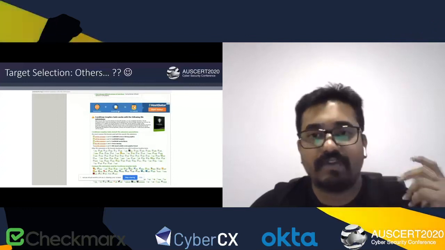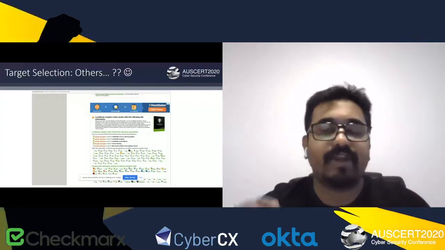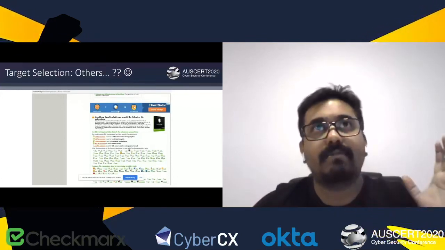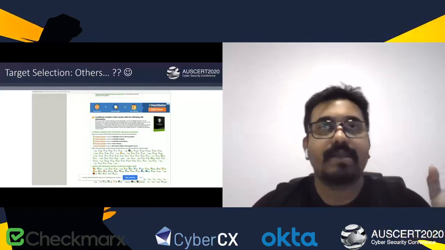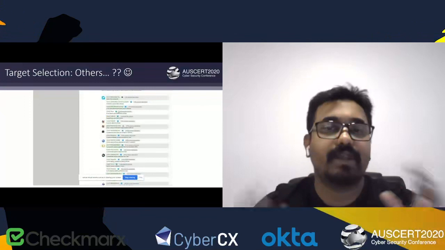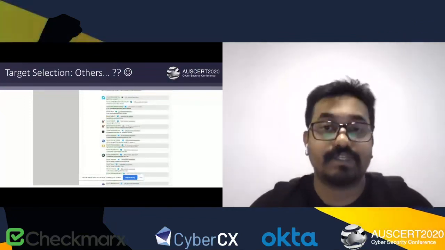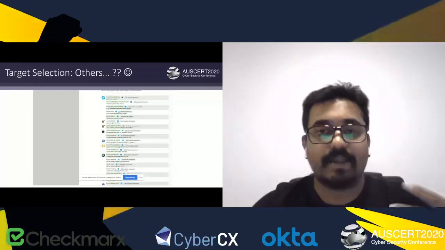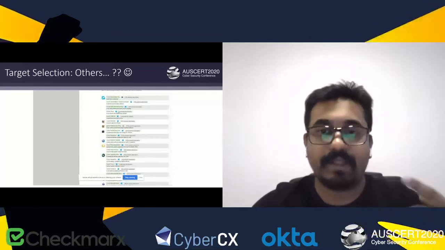So if you find a vulnerability in product A, it could affect product B, product C, product D. Even if there are maybe 10 million users of product A, there could be 10 million other users each for other products. So in a way, you're impacting 50 million users instead of just 10 million. That is another way that you can maximize your impact for that one vulnerability that you find.